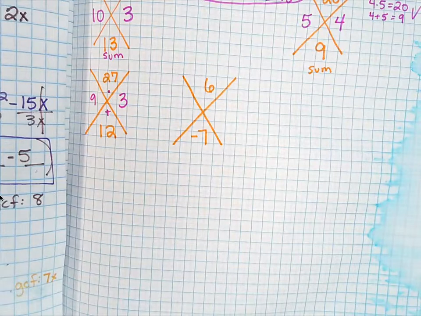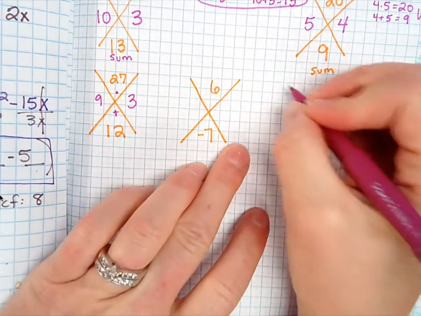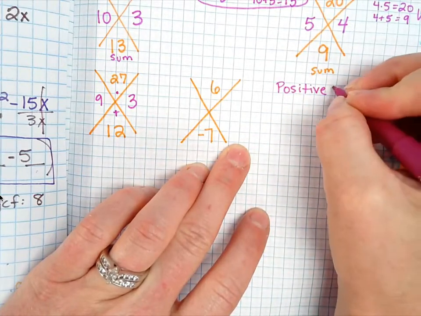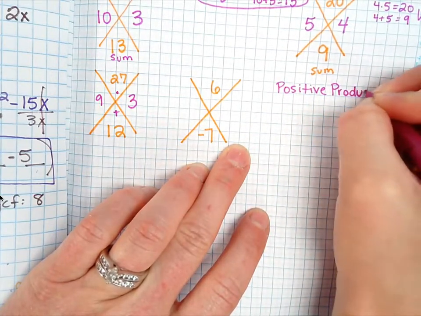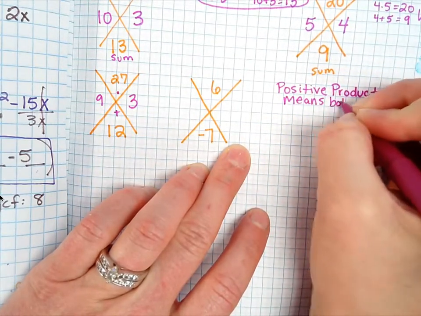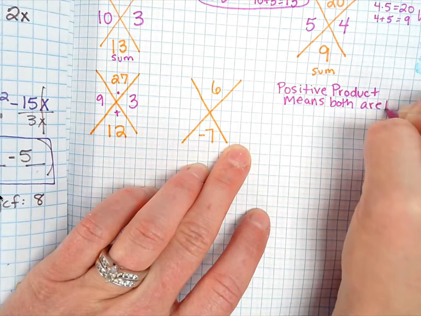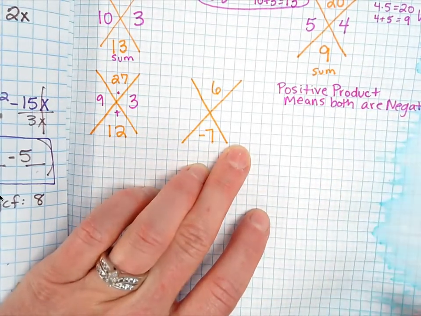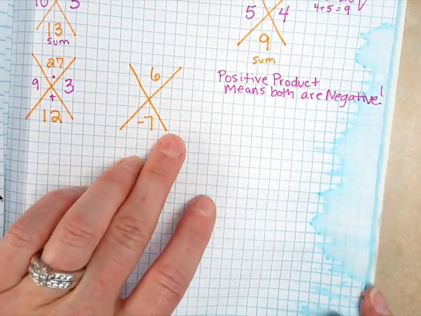Huh? 2 negatives, that's it. So write that down. Positive product means both are negative. That's going to be really helpful.